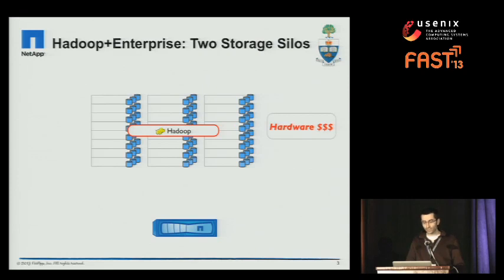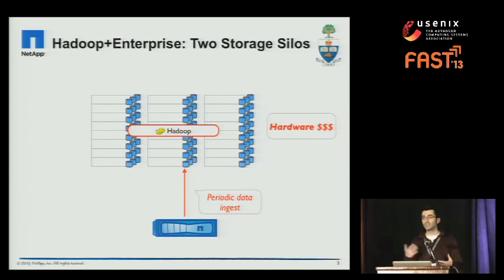A second problem comes from the interaction between the two systems and the data migration processes. To enable analytics on data that's in enterprise storage, we first need to ingest the data, right? We have these periodic data ingest phases where we can rely on tools such as Flume or Sqoop to transfer data from the enterprise storage system into the Hadoop distributed file system, right?